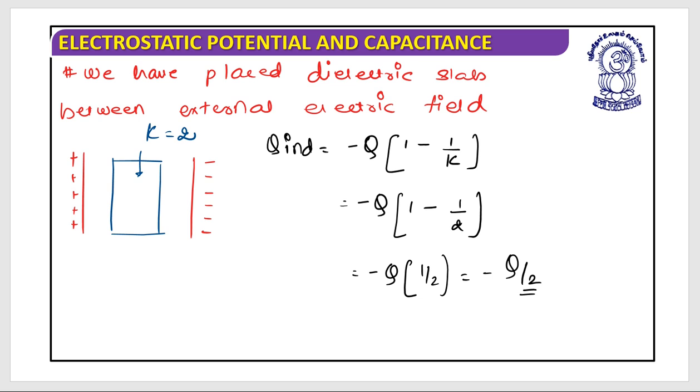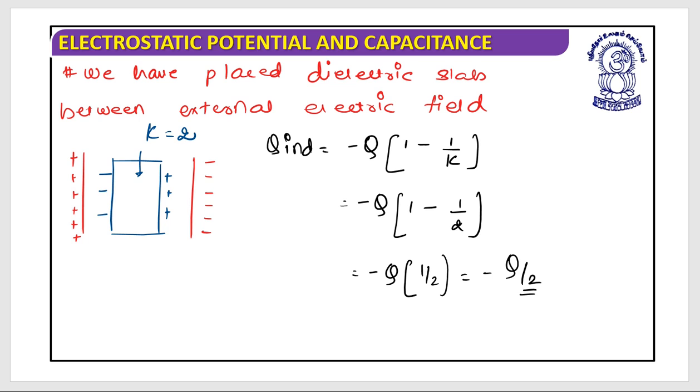Let's say suppose 6 charges would be there on the external electric field, then on this side only 3 positive charges would be there.